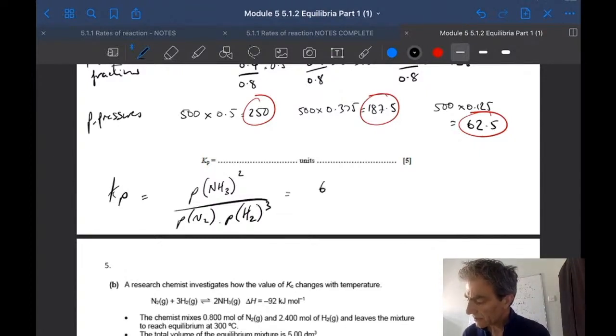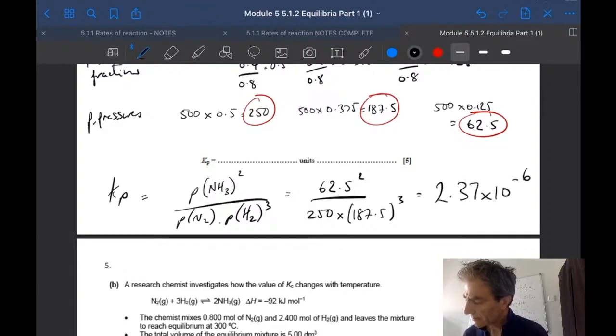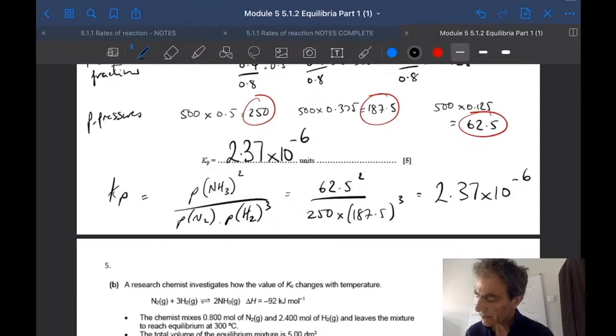So that equals 62.5 squared over 250 times 187.5 cubed, which is 2.37 times 10 to the minus 6.